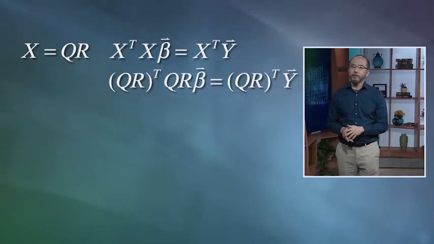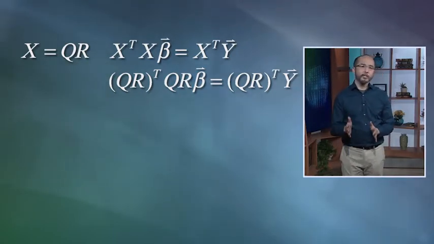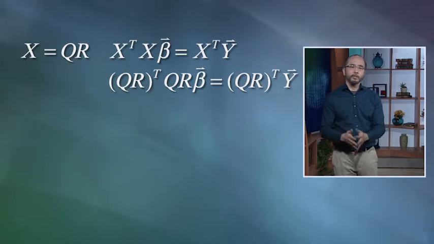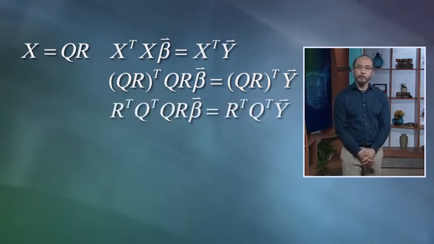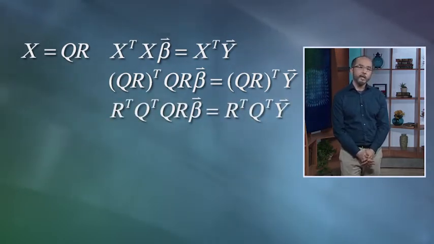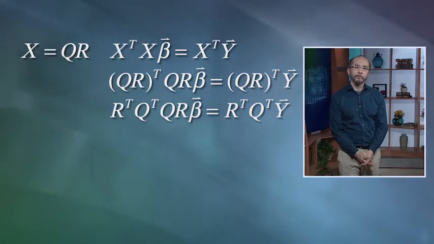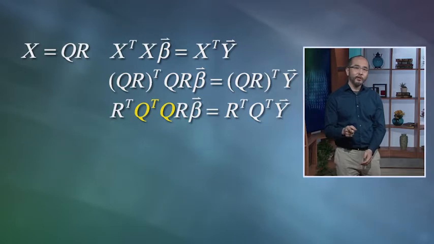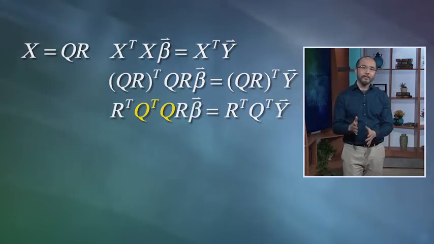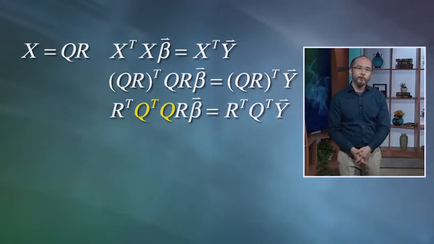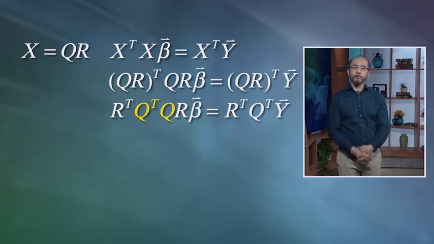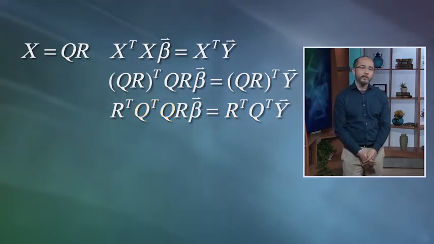Since the transpose of a product is the product of the transposes in reverse order, we see that R transpose Q transpose Q R beta equals R transpose Q transpose y. But Q transpose Q is just the identity because the columns of Q are orthonormal. So we can ignore the Q transpose Q in this expression.